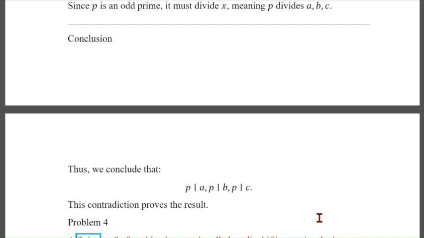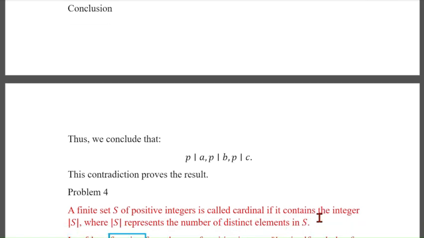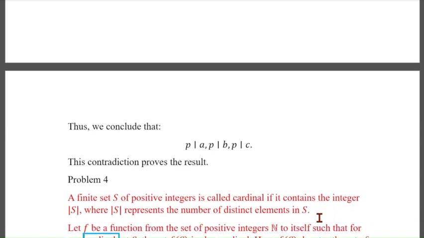Problem. A finite set S of positive integers is called cardinal if it contains the integer |S|, where |S| represents the number of distinct elements in S. Let f be a function from the set of positive integers ℕ to itself such that for any cardinal set S, the set f(S) is also cardinal.